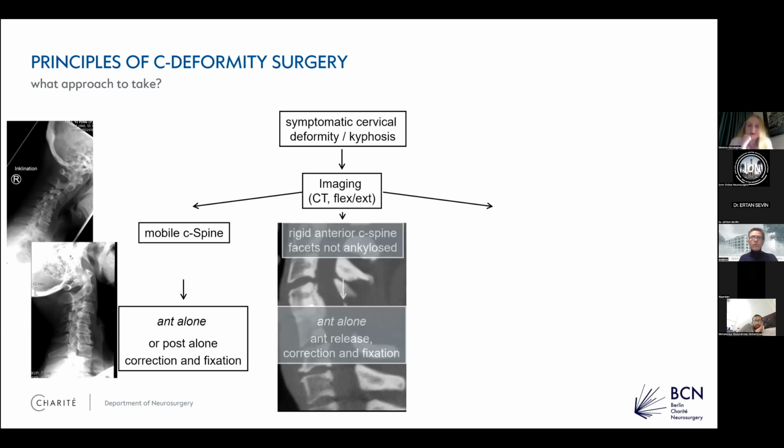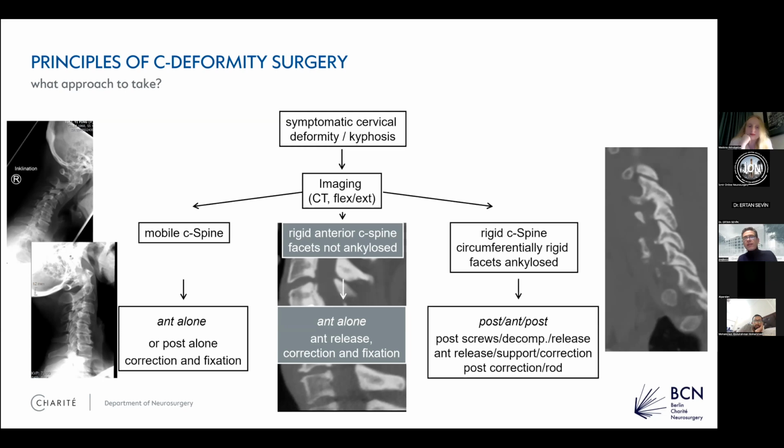So if you have a rigid anterior C-spine, but your facets are still open and not ankylosed, you can come from anterior alone, do some anterior reconstruction, some anterior relordosing, and then you would correct and fix. And then you have to decide whether you have to come from posterior in addition in order to strengthen the construct. But for those cases, the correction of the deformity is done by an anterior approach alone.